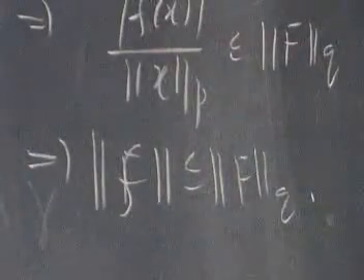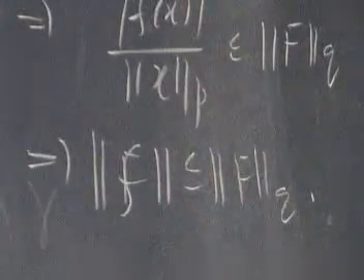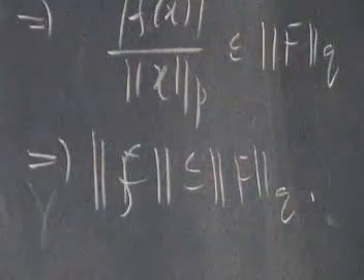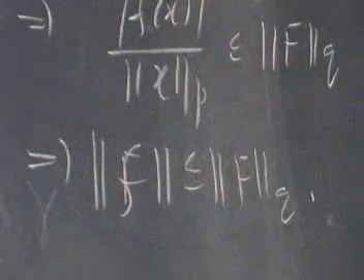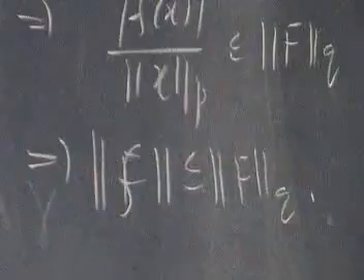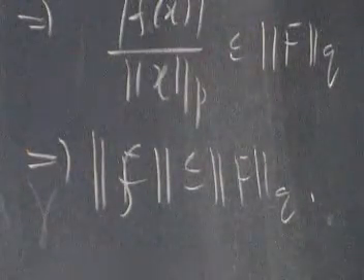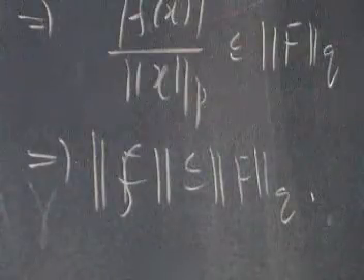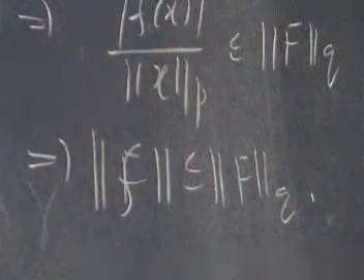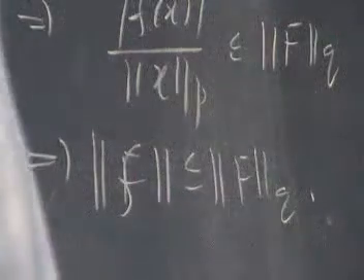Question 3 says, f not equal to g implies the two linear functions must differ at least at one point. So if they agree at all the basis vectors, they will have to agree at all the vectors.